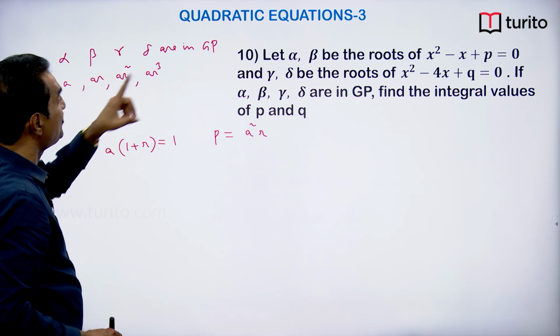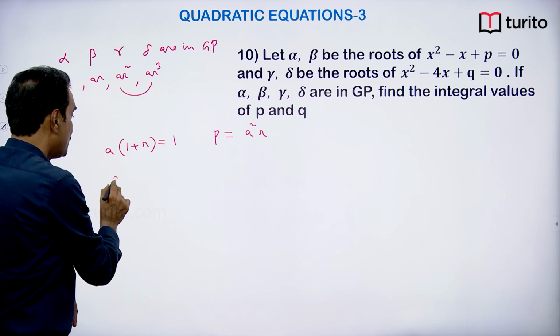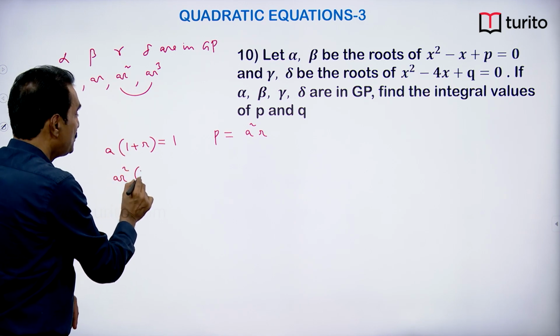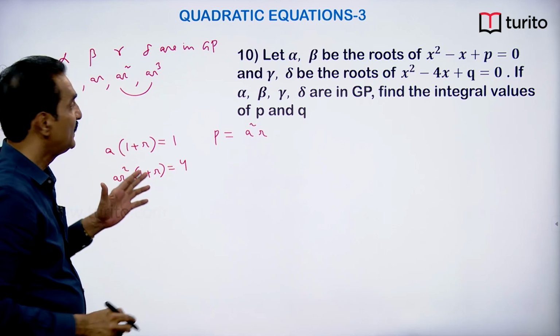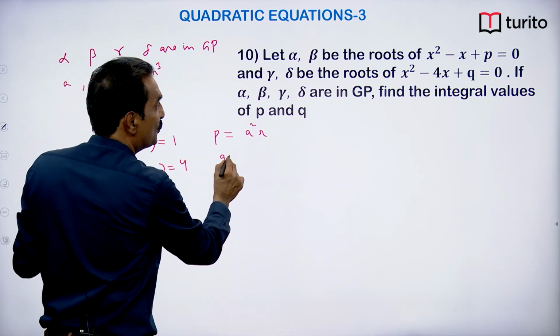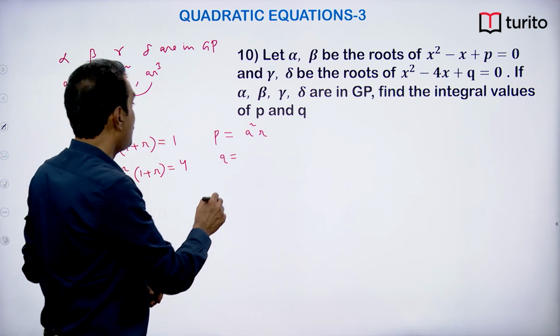So, AR square plus AR cube will be AR square into 1 plus R is 4, and product of the roots is Q. Q is equal to this into this, A square R power 5.